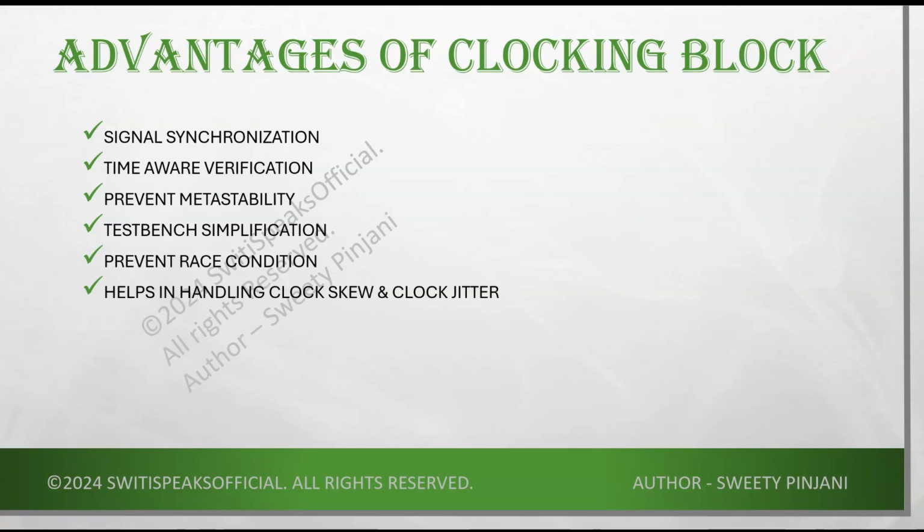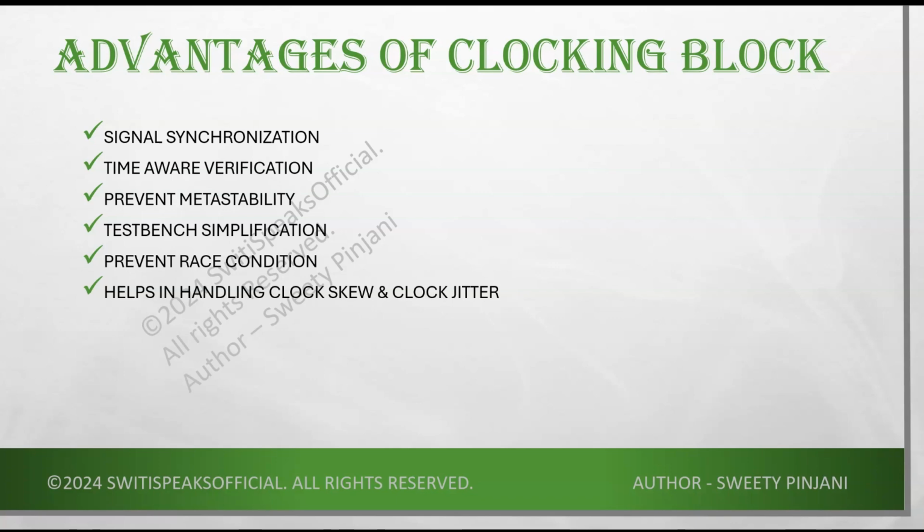Now you can understand the huge advantages of clocking block. I'll repeat the advantages once again since it's very important. The first advantage was signal synchronization. Second was time aware verification. Then we had preventing metastability, test bench simplification, preventing race condition, and helping in handling clock skew and clock jitter. With this, clocking block is very clear for you now.